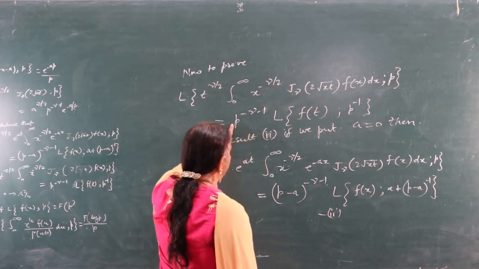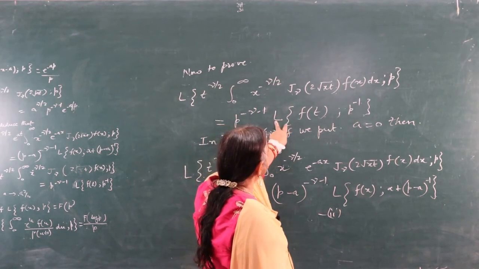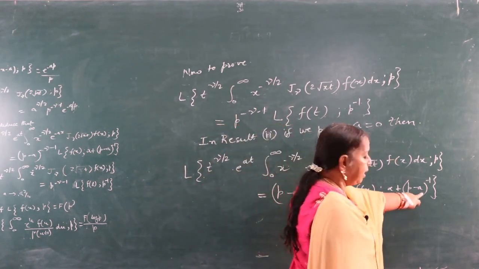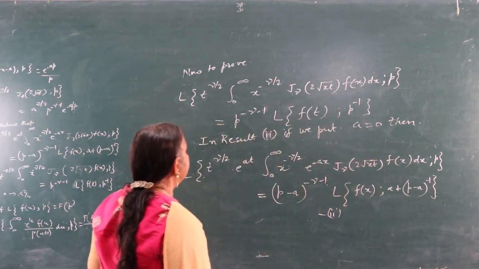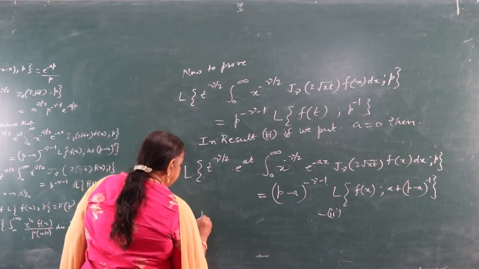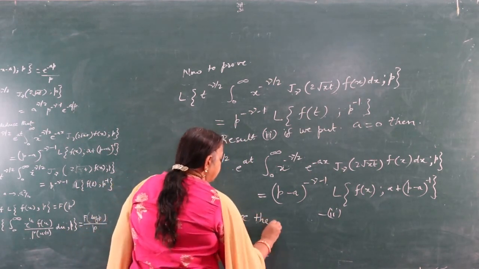So here it will remain p raised to power minus nu minus 1, Laplace transform of function, a is 0 here, so this will be p inverse. Hence we get the required result.